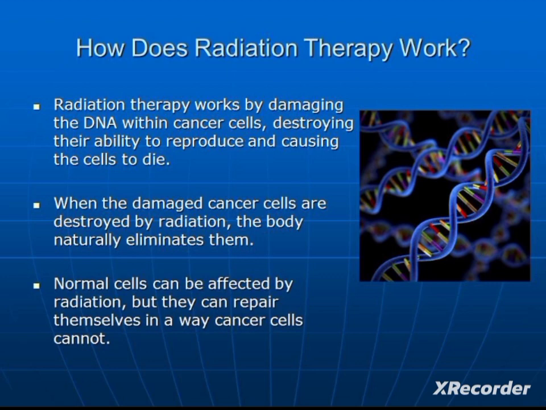How does radiation therapy work? Radiation therapy works by damaging the DNA within the cancer cells, destroying their ability to reproduce and causing the cells to die. We know that cancer cells always reproduce and do not die.